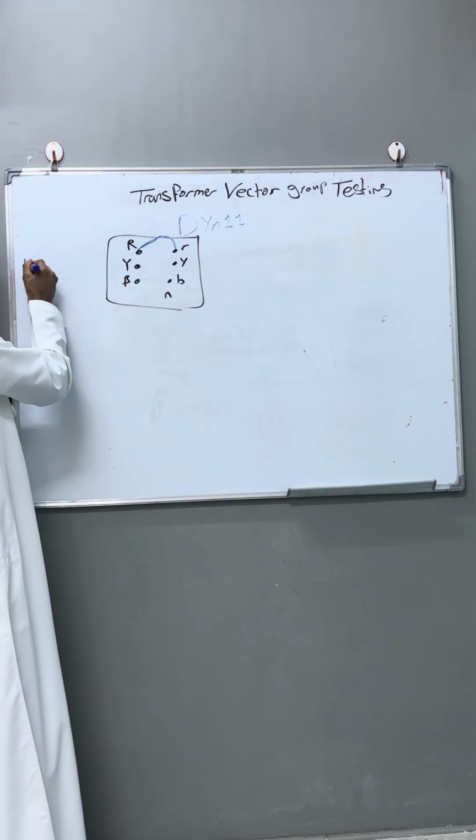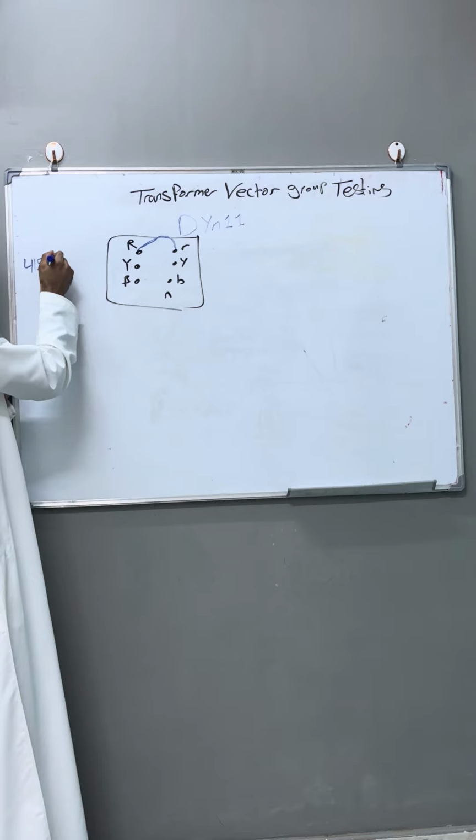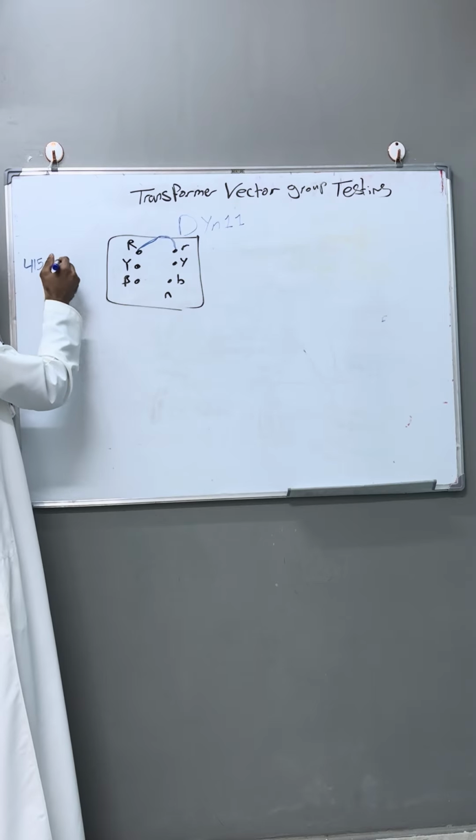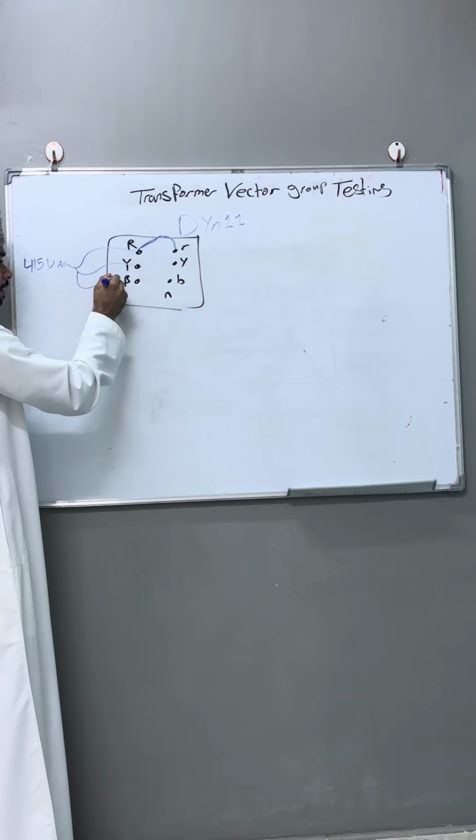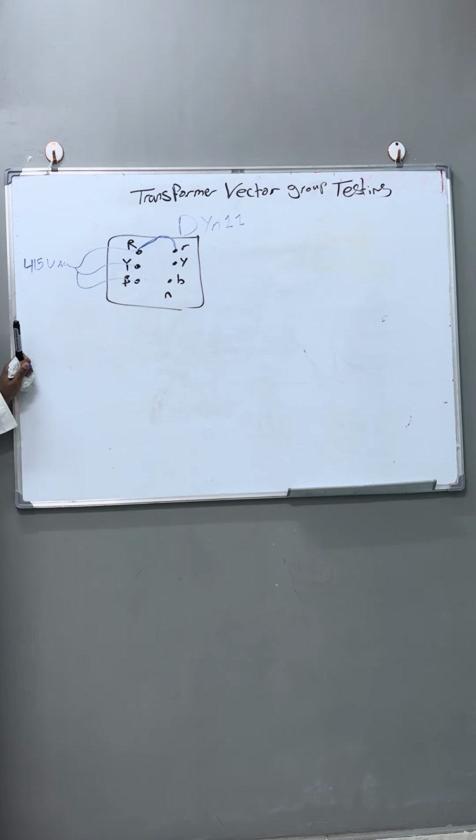Then I will bring a 450 volt AC source. I will inject a 3-phase 450 volt AC source at the primary side, like this. So this is the connection we need to test the vector group of the transformer.